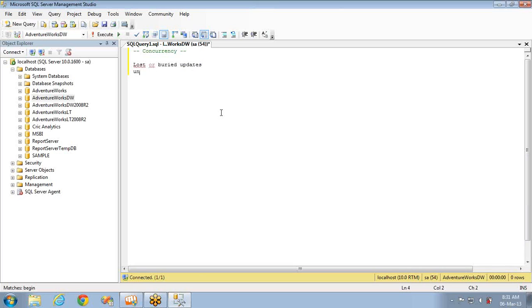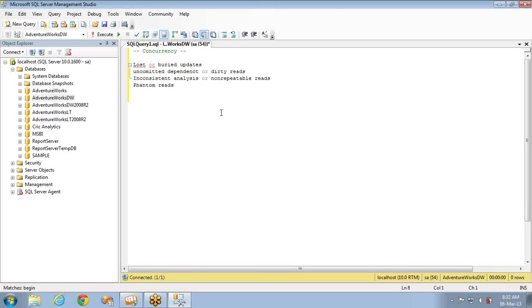The next one is uncommitted dependency, which we also call dirty reads. The third one is inconsistent analysis, or we call it non-repeatable reads, and the fourth one is phantom reads.